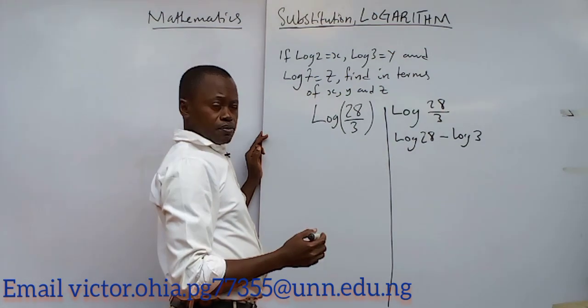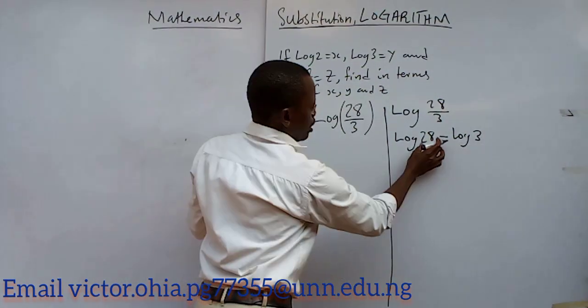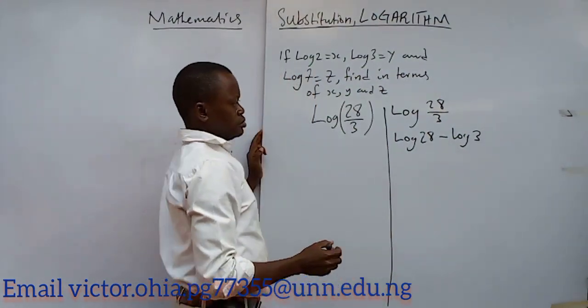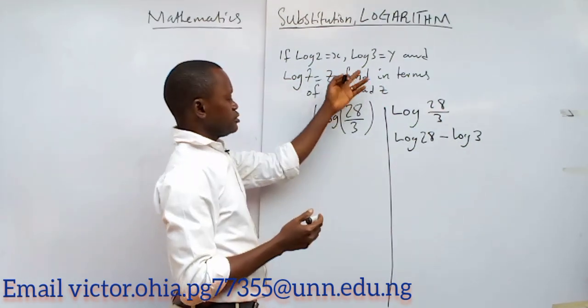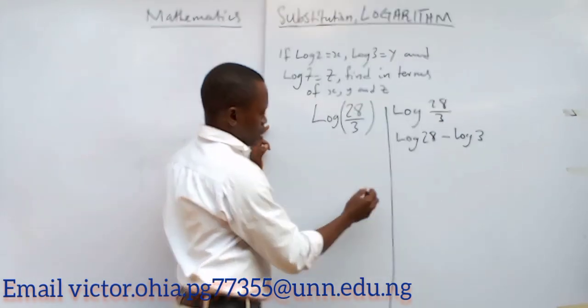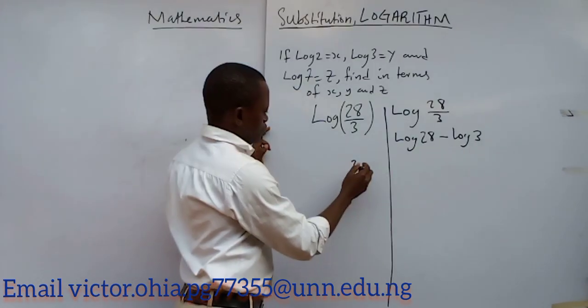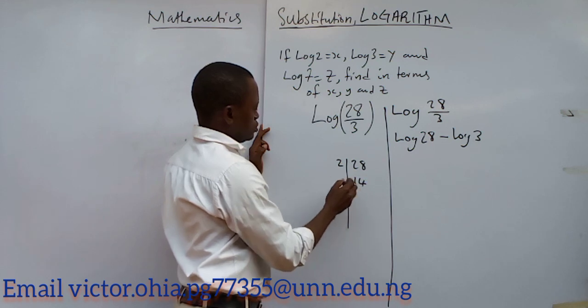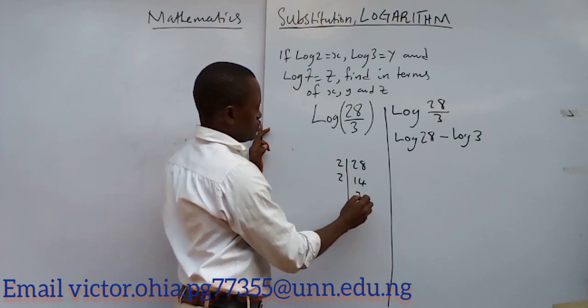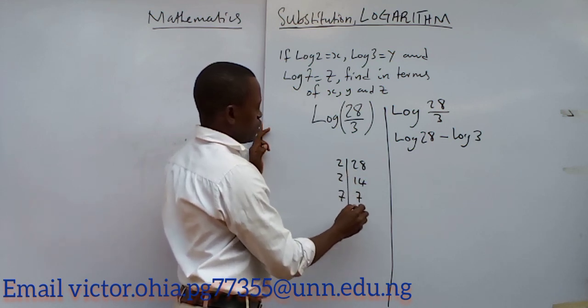The next is, how can I break down 28 into factors that can give me things like this? So I have 28. 2 can go here and give me 14. 2 can go again and give me 7. Then 7 can go and give me 1.